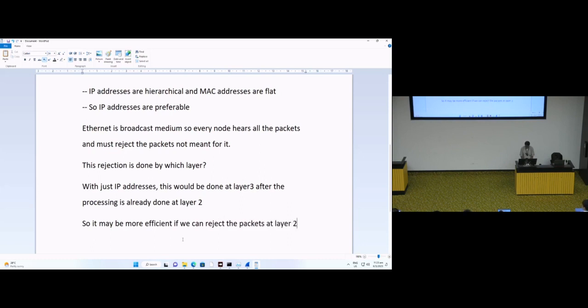And this is why we use the MAC address. Any questions? Again, a bit anticlimactic because there's no big revelation, but I hope the sequence of questions was useful.